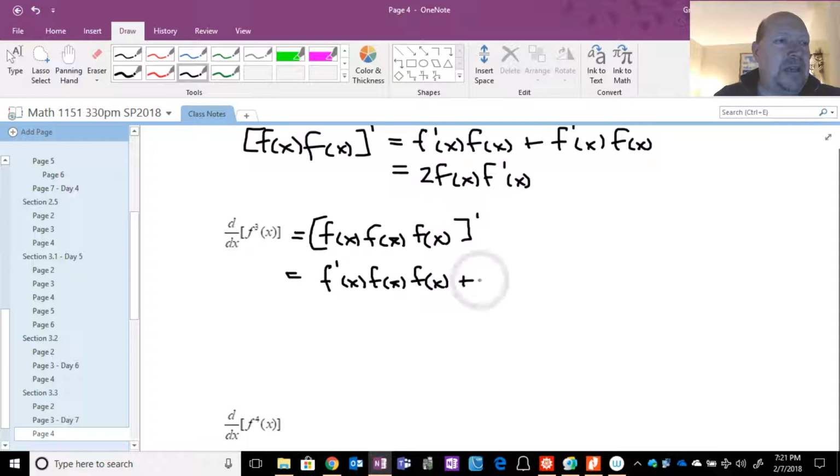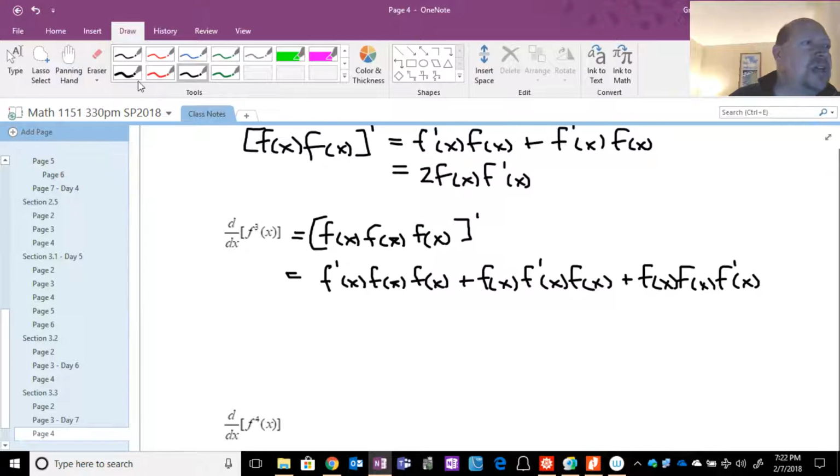Then add on to that, remember, move the prime down the line: f of x times f prime of x times f of x. And lastly, move the prime down to the last one: f of x times f of x times f prime of x.